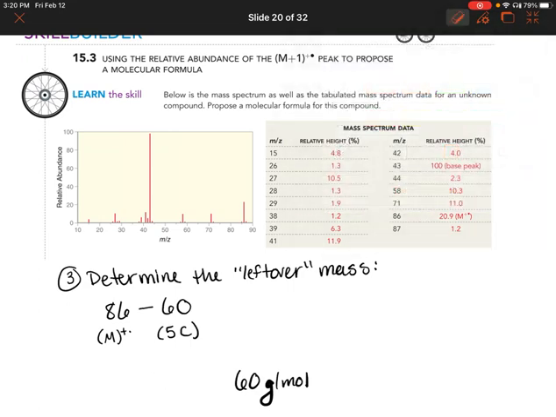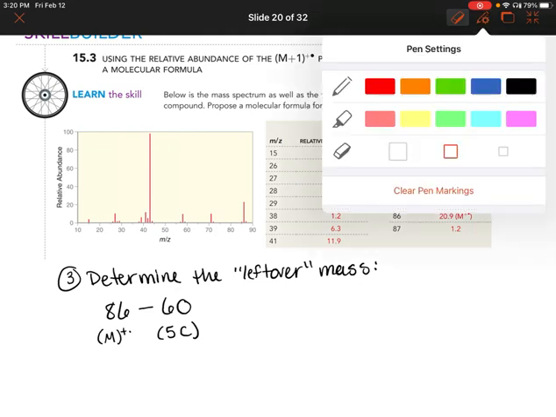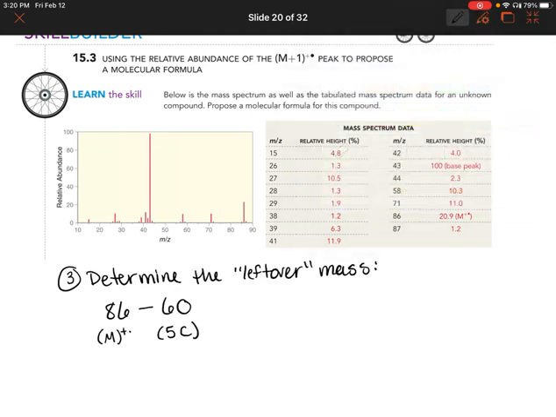I'll erase the math down here to leave some room. This will give us our leftover mass, the difference between these two numbers. 86 minus 60 gives us 26 grams per mole.